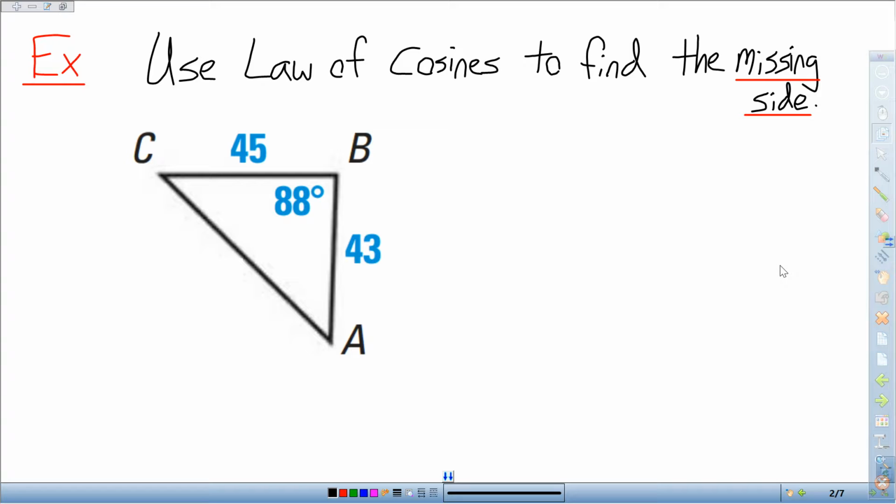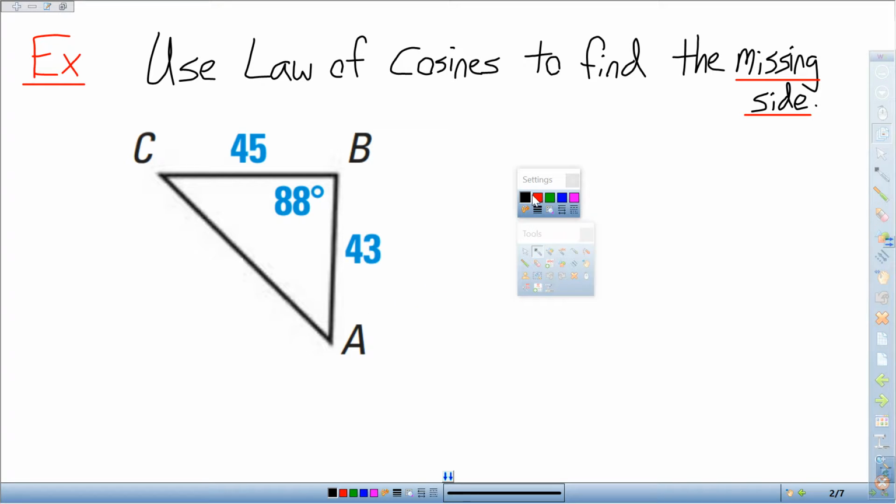When we found the missing side length with the law of sines, we were given two of the angles of our triangle, and sometimes we would have to find the third missing angle. But we need two angles to be able to use the law of sines to find a missing side. On this one, they're just giving us a single angle, and there's no way for us to find these other angles. That is why we can't use the law of sines, and why we're going to use the law of cosines.